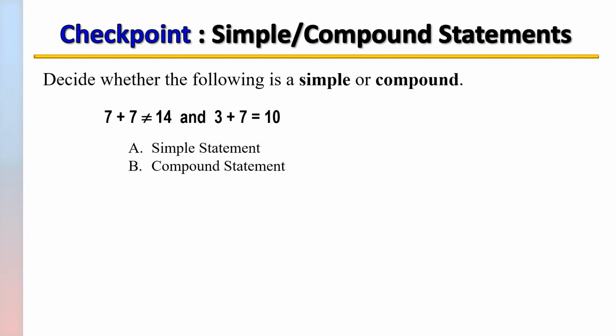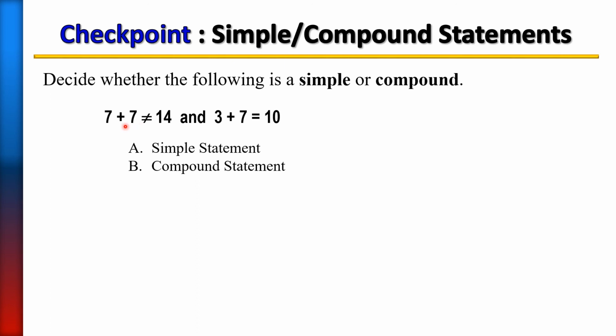Decide whether the following is a simple or compound statement. 7 plus 7 is not 14, and 3 plus 7 is 10. So here we have one math sentence, and this math sentence happens to be false, because 7 plus 7 is 14.